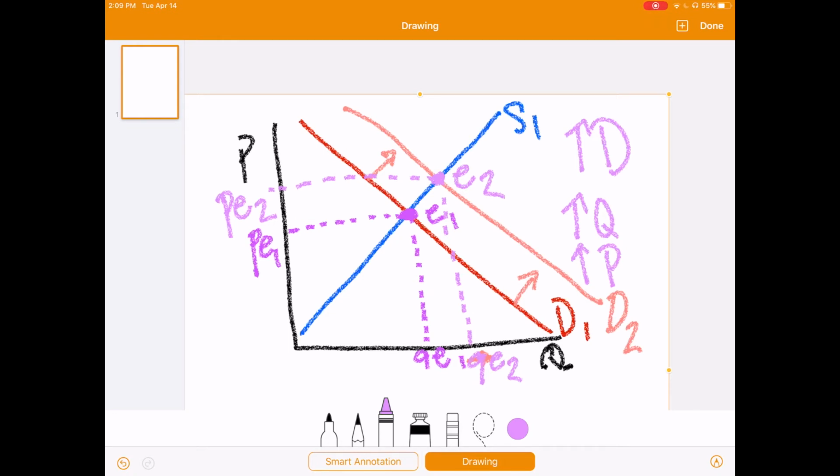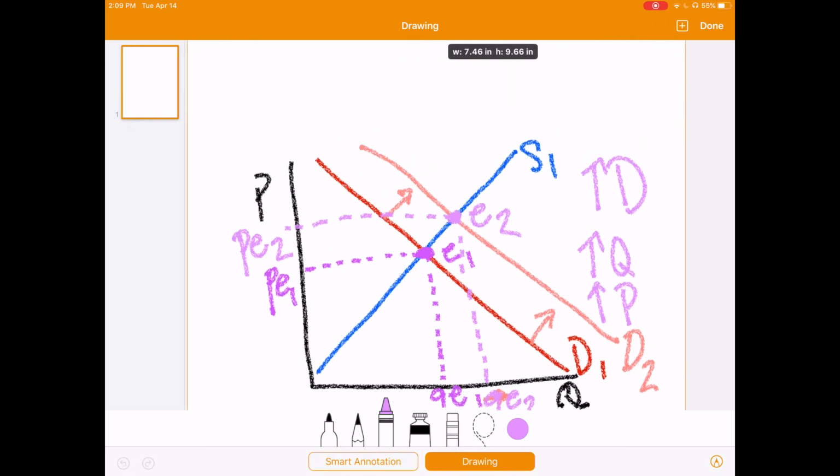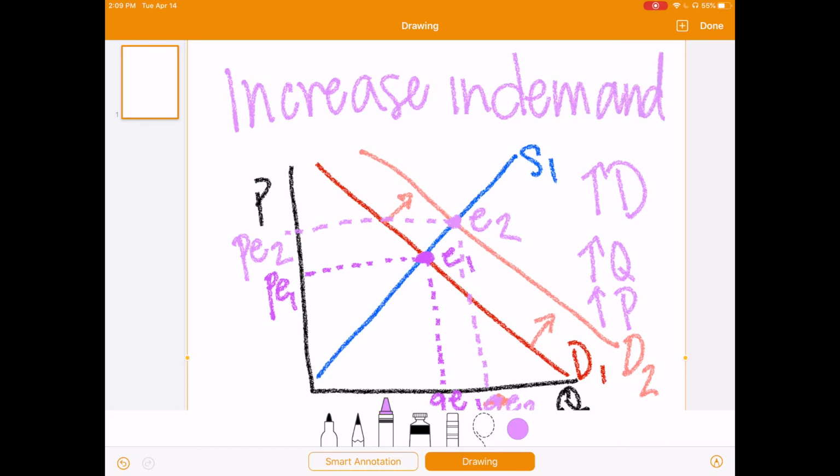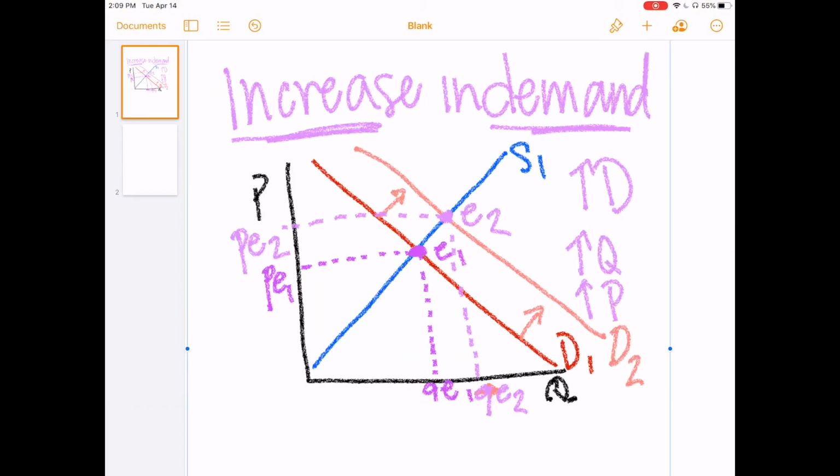So this is what an increase in demand looks like. Great. I'm going to be done with this drawing.